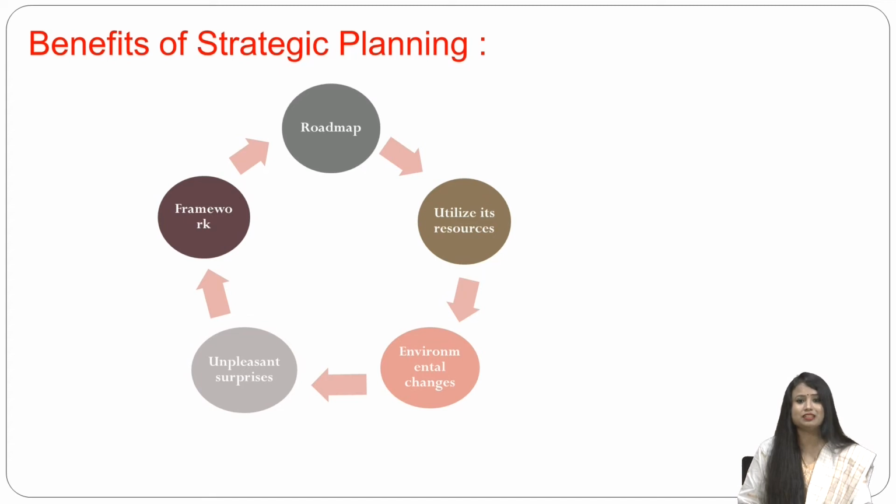Now the next one is environmental change. The firm can respond to environmental changes in a better way by exploring opportunities to its advantage and avoiding costly mistakes in investment decisions. Next, it minimizes the chances of mistakes and, as I have already told you, unpleasant surprises.